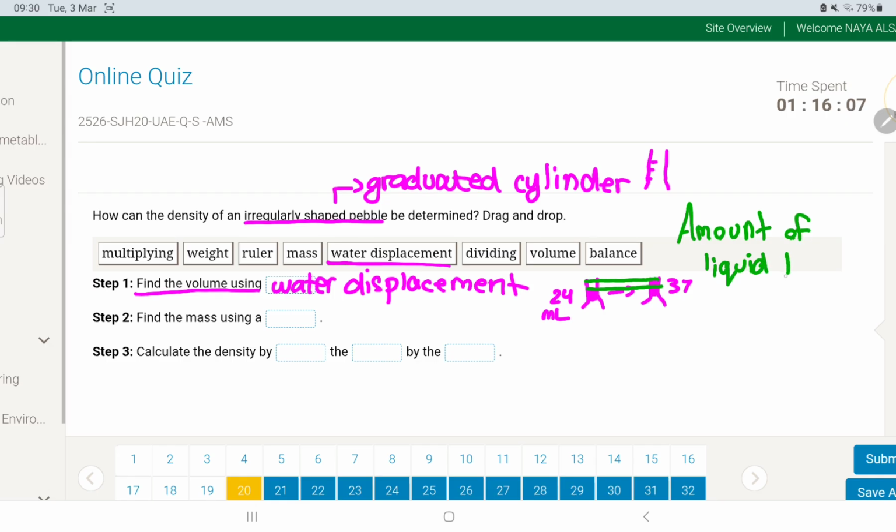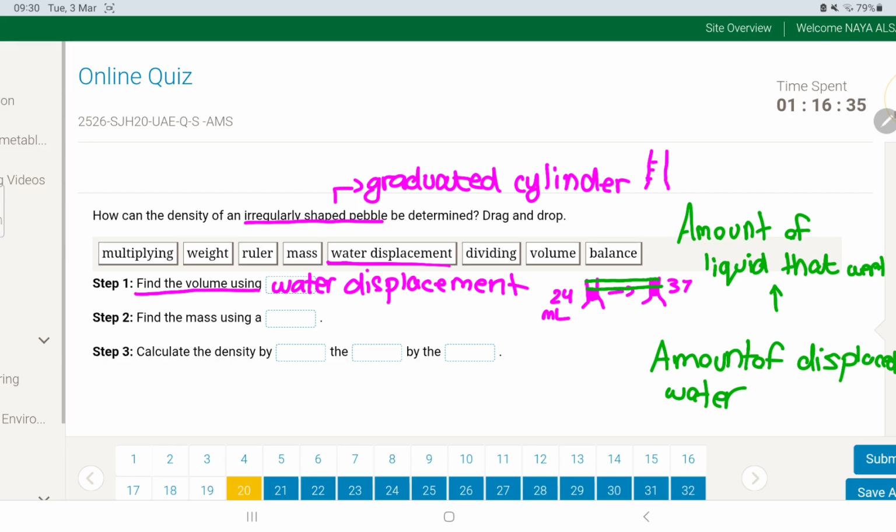But here, instead of just saying the amount of liquid that went up, we will just say the amount of displaced water. So guys, it's the exact same thing. So basically the amount of displaced water is the same thing as the amount of water that went up.